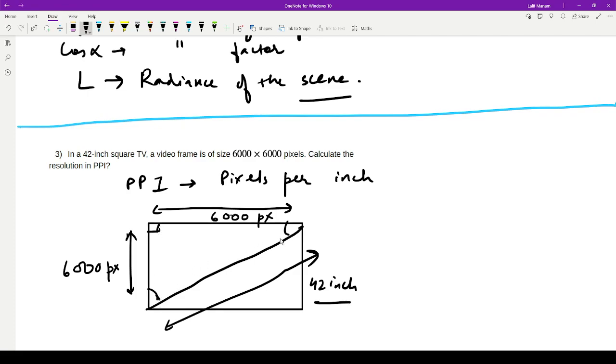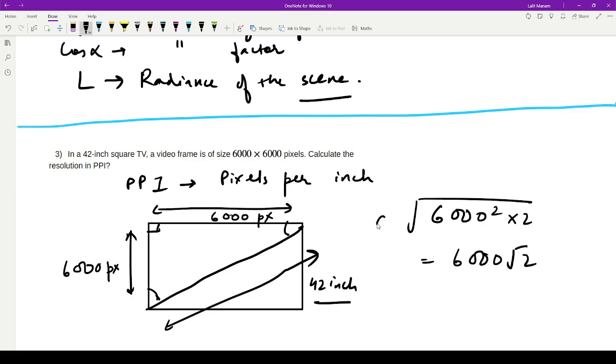Hopefully the TV is not a defective piece. It's a 90-degree square. So instead of taking cos or sine, I'll do it the other way around. What would be the hypotenuse in terms of pixels? It would be 6,000 squared plus 6,000 squared, so 6,000 root 2.